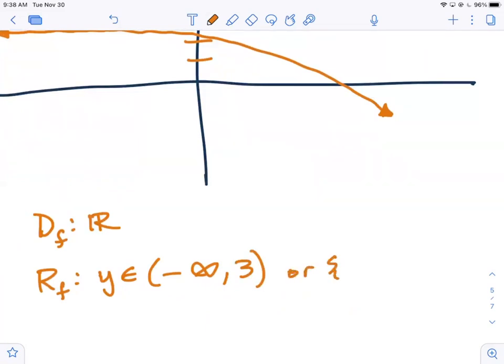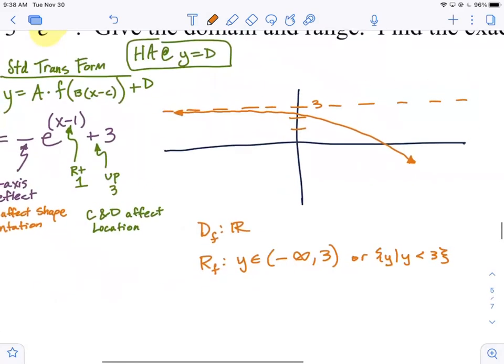Or you could say it's the set of all y such that y is strictly less than 3. Okay. This function is monotonically what? F is monotonic. Good. Monotonic decreasing or strictly decreasing. You say one or the other over its entire domain.